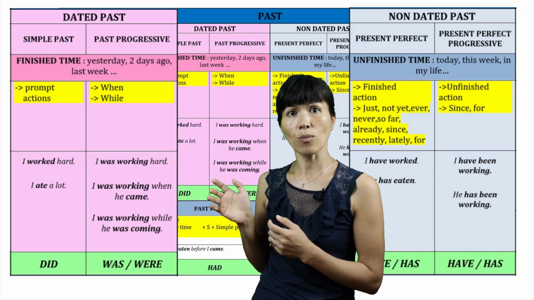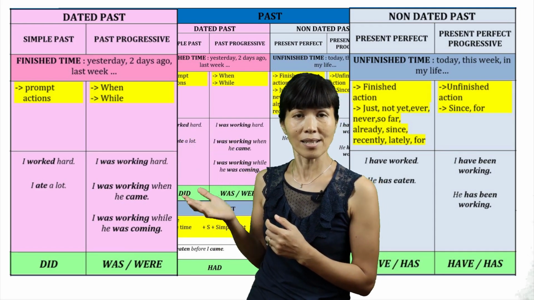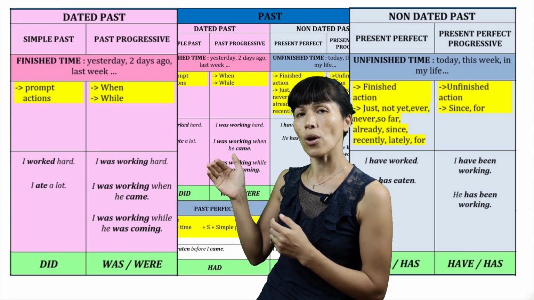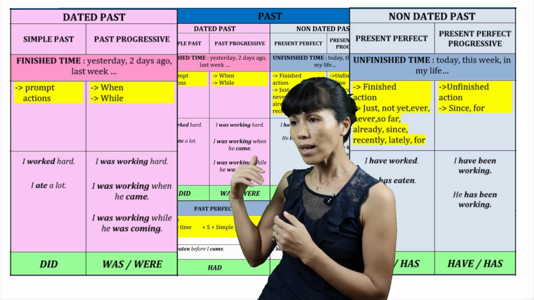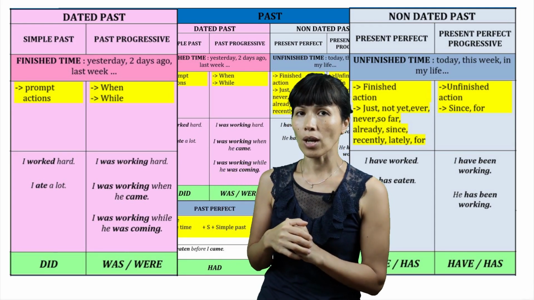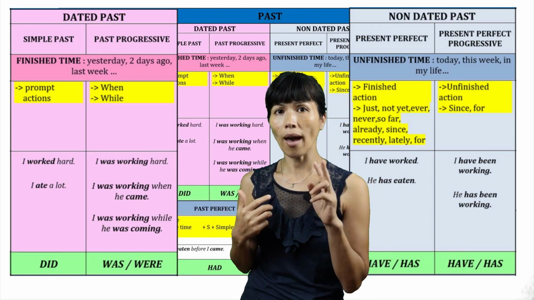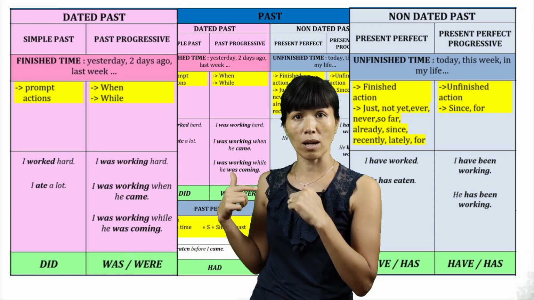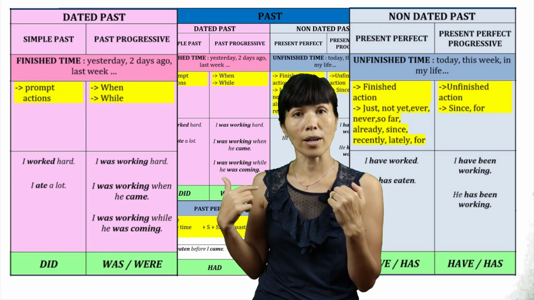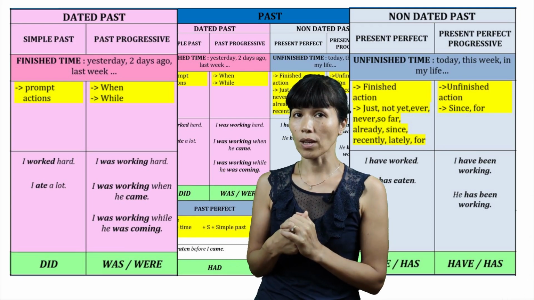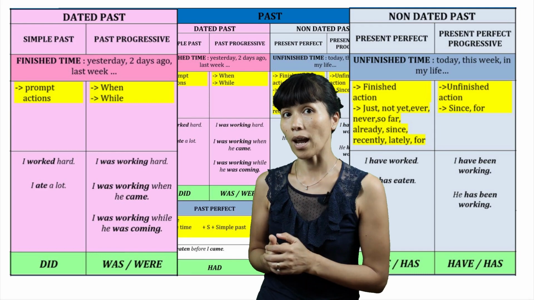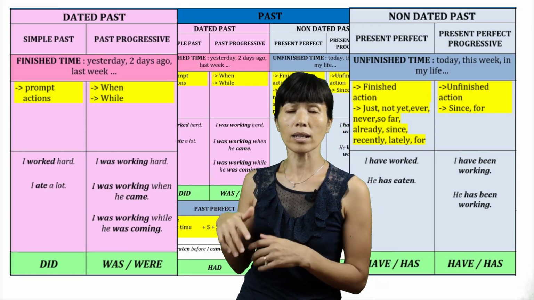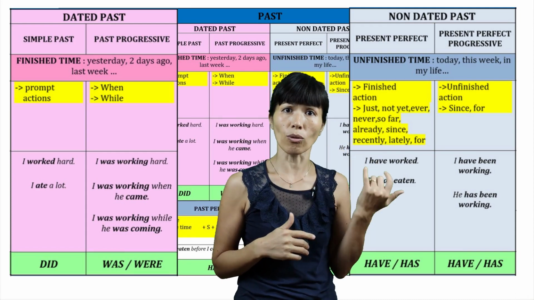The second frequent case of the use of the past progressive is in combination with while. While is a little word that indicates you were doing two actions simultaneously in that specific, finished time you have mentioned to the listener. An example would be, yesterday I was walking to the market while I was speaking on the phone.